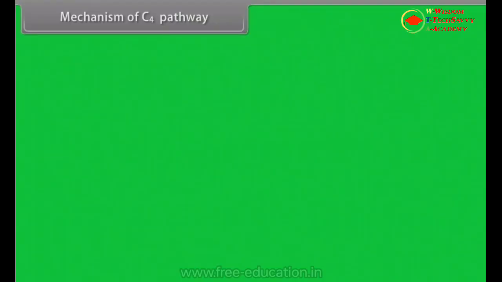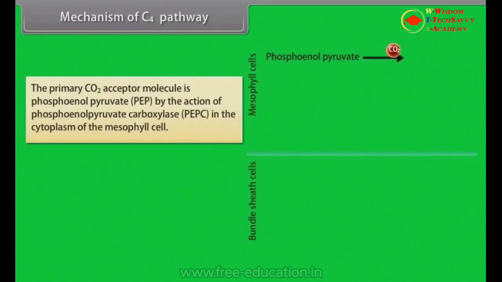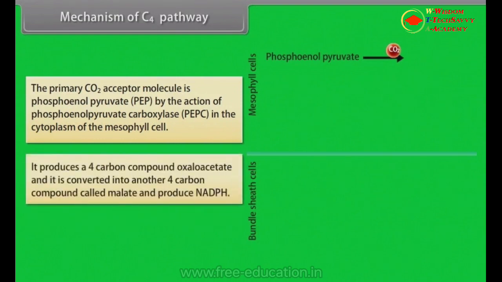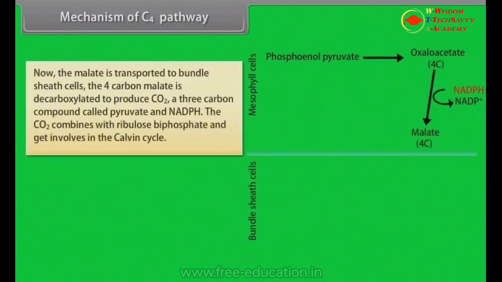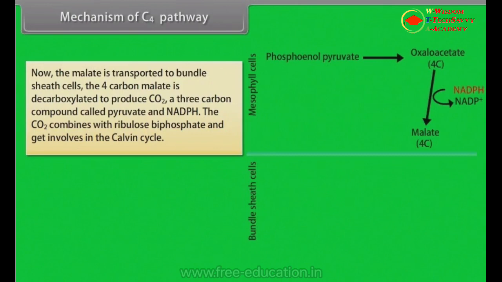Mechanism of the C4 pathway. The primary carbon dioxide acceptor molecule is phosphoenol pyruvate, by the action of phosphoenol pyruvate carboxylase in the cytoplasm of the mesophyll cell. It produces a 4-carbon compound, oxaloacetate, which is converted into another 4-carbon compound called malate and produces NADPH. Now, the malate is transported to bundle sheath cells.